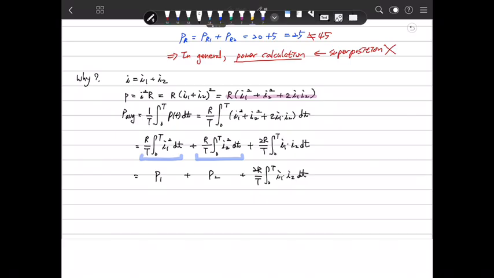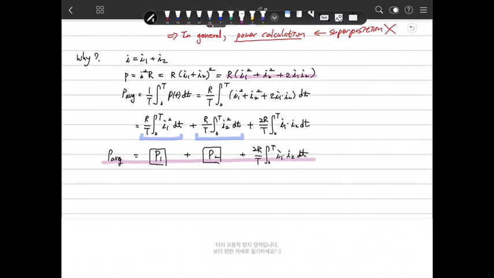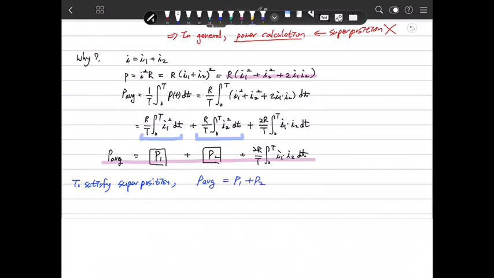So the P1 is calculated from source 1, and P2 is the power from source 2. So the total power is the same as P1 plus P2. If they satisfy this condition, then we can use superposition. So to satisfy this, P average should be the same as P1 plus P2.